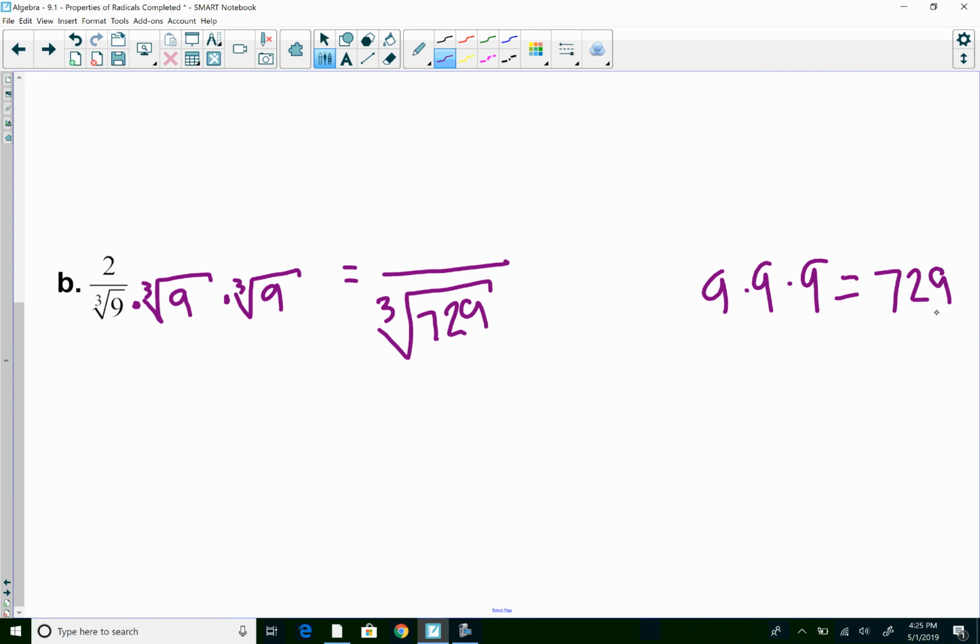Now, try taking the cube root of 729 in your calculator. The cube root of 729 turns into 9. So basically you're going to end up getting this cube root of 729, but that's just going to turn into whatever's in this denominator without the root sign.